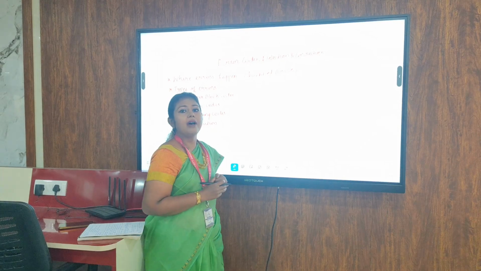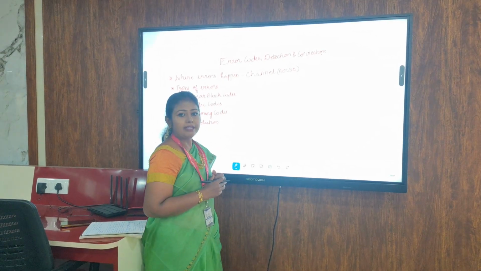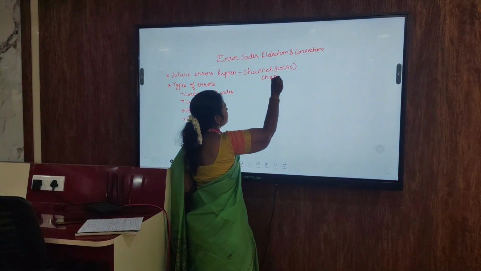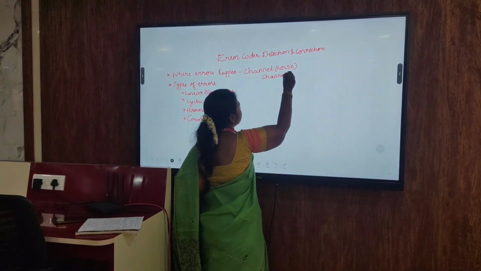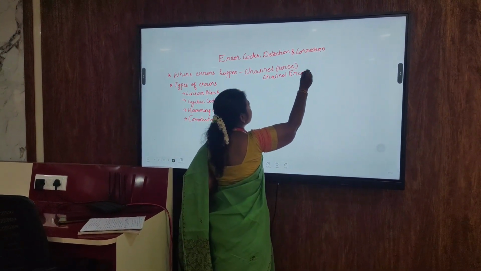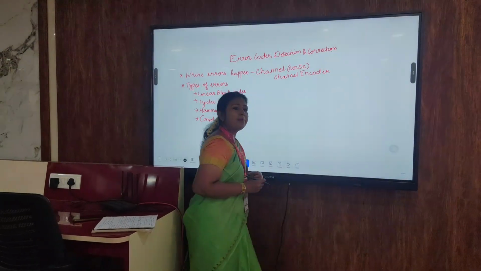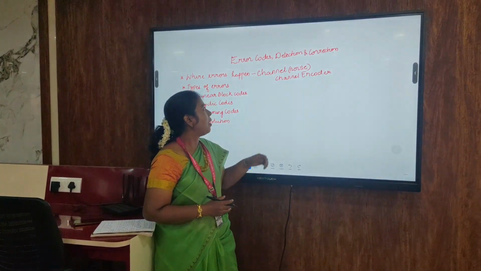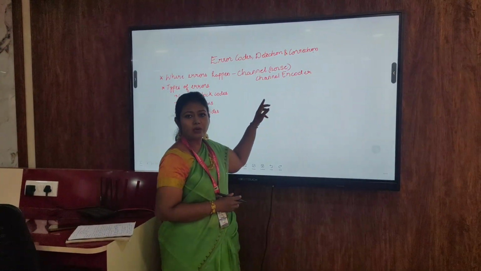Now we have a channel encoder on the transmitter side, which helps the receiver to detect errors and to correct them. Now what is the function of the channel encoder?